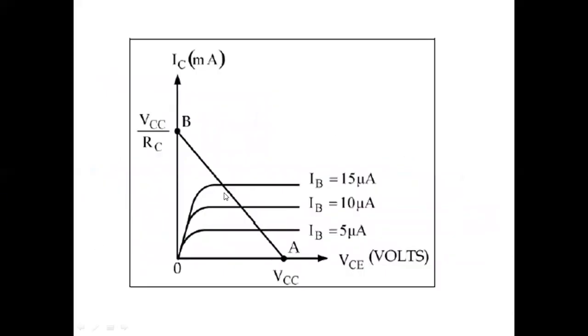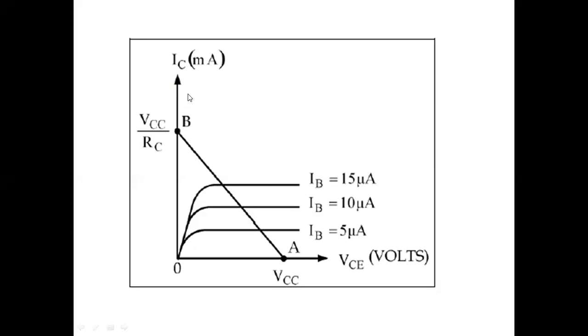This plot represents the characteristics, other than the straight line. We are going to draw this DC load line, that is the straight line, on the output characteristics of the CE configuration. On the x-axis we take the output voltage, that is collector to emitter voltage.